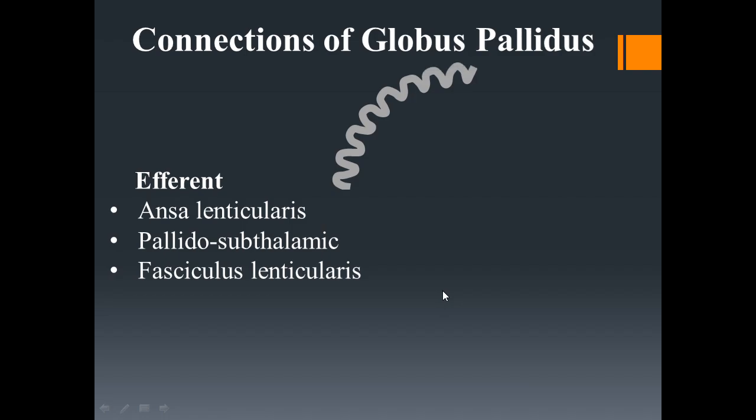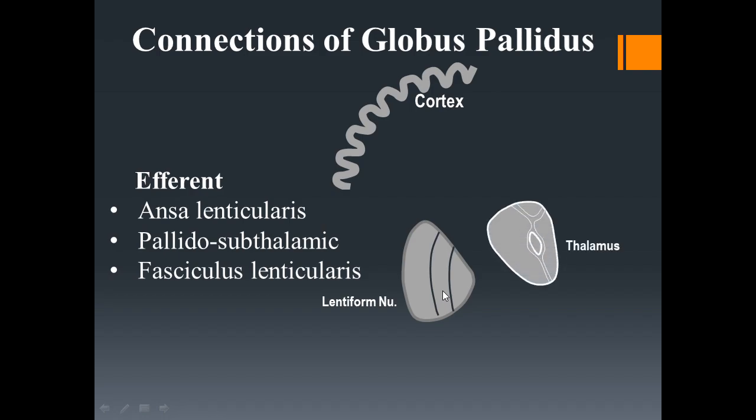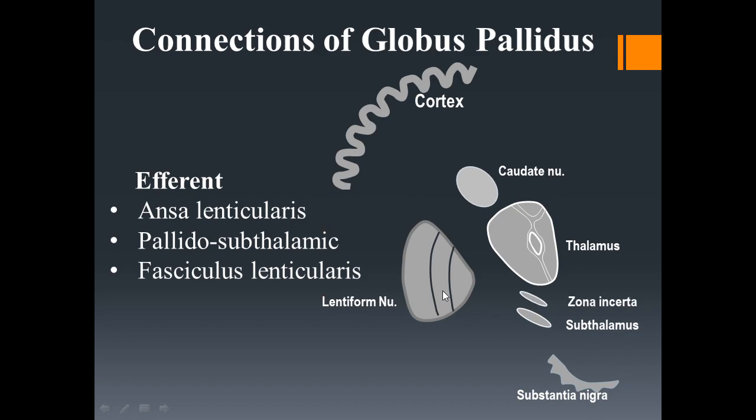So this is the cerebral cortex, this is the lentiform nucleus, thalamus, caudate nucleus, substantia nigra. This is the subthalamic nucleus or subthalamus. Between thalamus and subthalamus there is zona incerta, and this is the red nucleus.